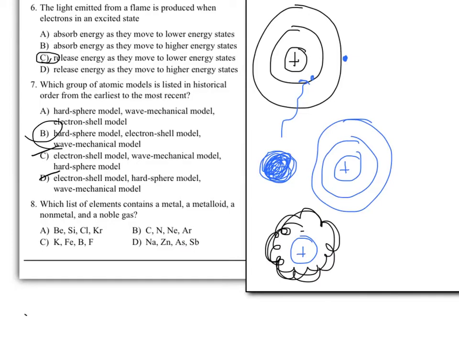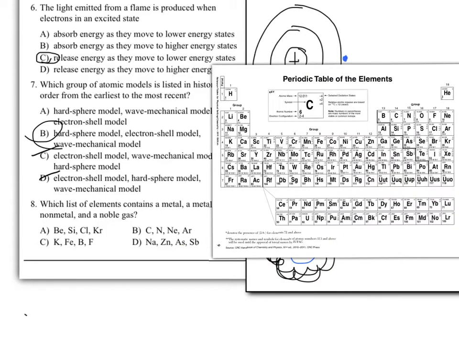And in question 8, we are asked to find atoms that include a metal, a metalloid, a nonmetal, and a noble gas. So what we want to do here is pull up a periodic table and see if we can locate these general families of elements and find which list of four includes one of each.